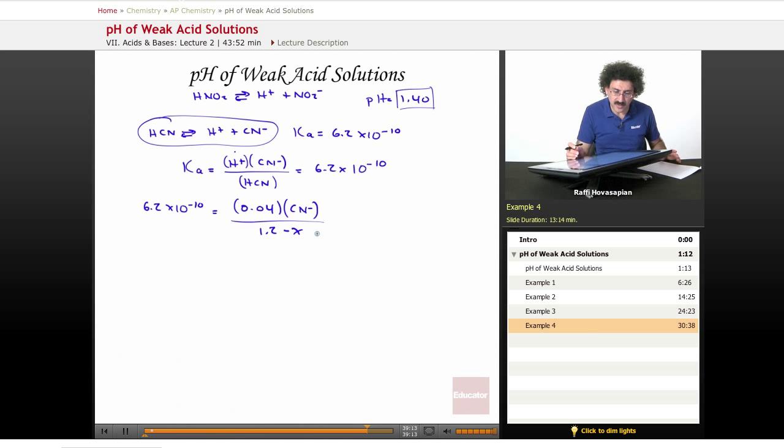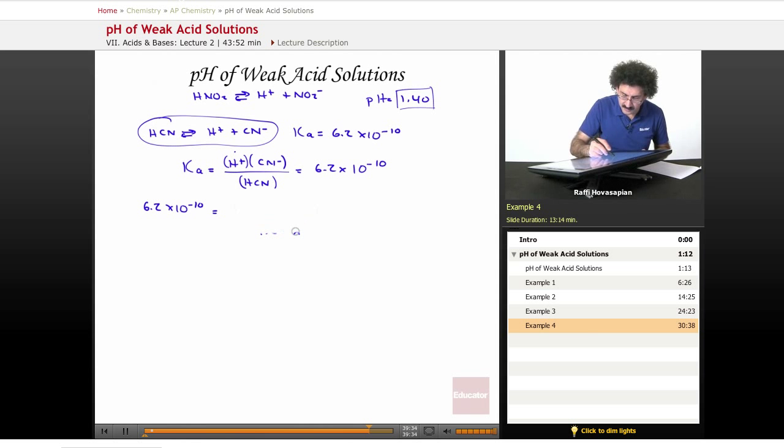Let me see, how do I want to go ahead and explain this to make it most reasonable? We have the cyanide concentration. Okay, let me erase something here. Okay, so let me rewrite this here.